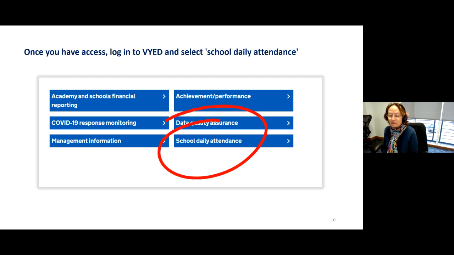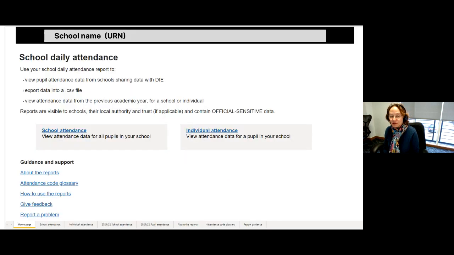So they go into something called View Your Education Data, which is a platform that we use to share all sorts of data back with schools. And then when they're in there, they need to click on School Daily Attendance, which is the service within that, which shows them their attendance data.